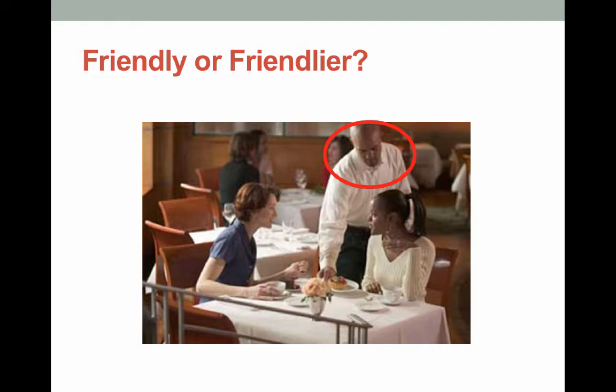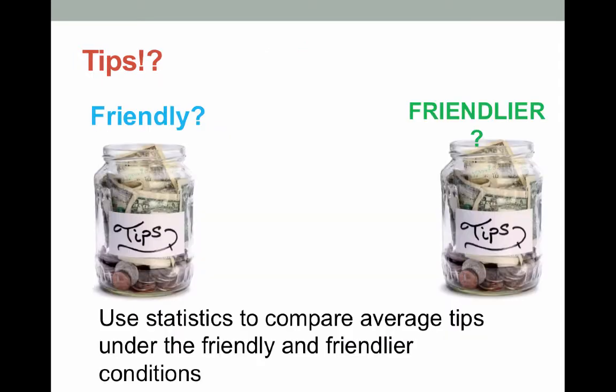In addition, we can monitor the waiter's behavior to make sure it is the same for both groups of customers, in all respects except for the degree of friendliness. We would then use statistics to compare the average tips earned under the more friendly conditions with those under the less friendly conditions.